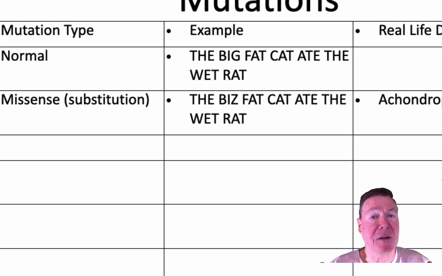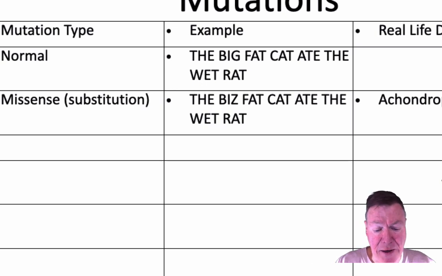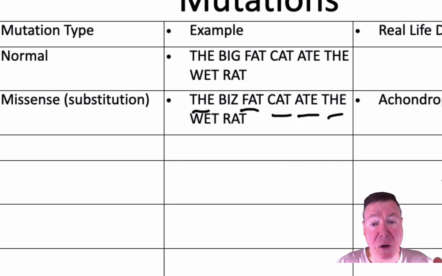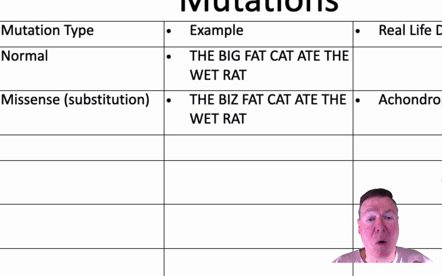The codons are the same, and whatever amino acids those code for will stay the same. But the big becomes biz, and it's only about a 1 base pair change from a G to a Z, but it does change the entire protein because it changes that one particular amino acid.